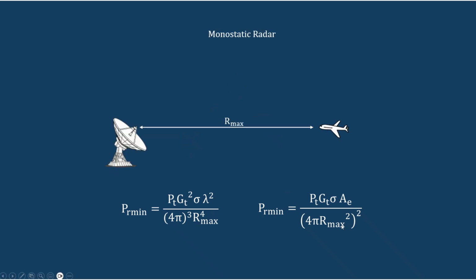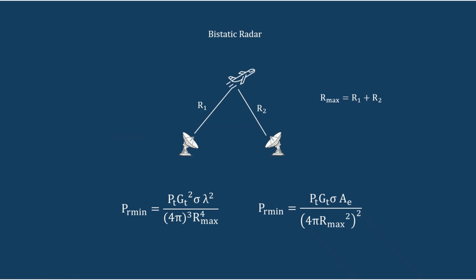Now we have derived all of this based on a monostatic radar. In case of the bistatic radar, the total range will be the range from transmitter to the target and then to the receiver, as the transmitter and receiver are located at different places. So the total Rmax will be substituted by R1 plus R2 in the bistatic case.